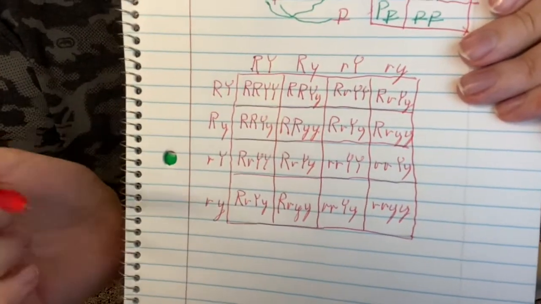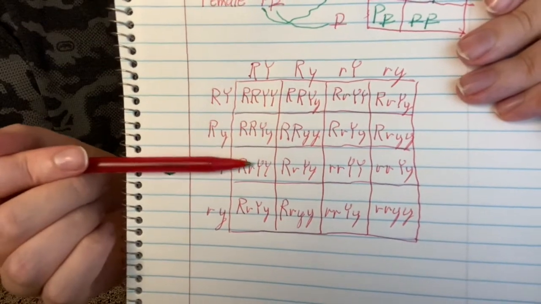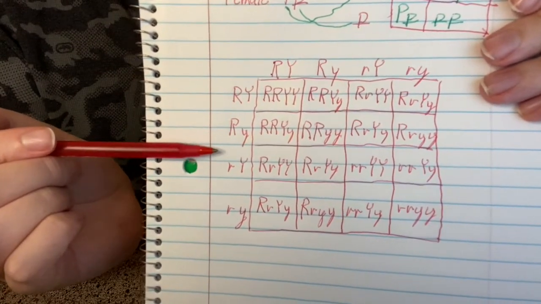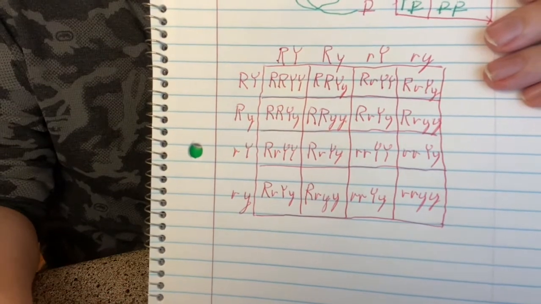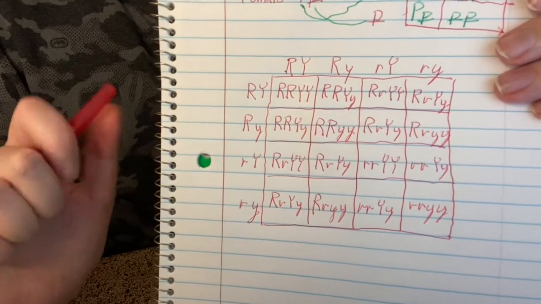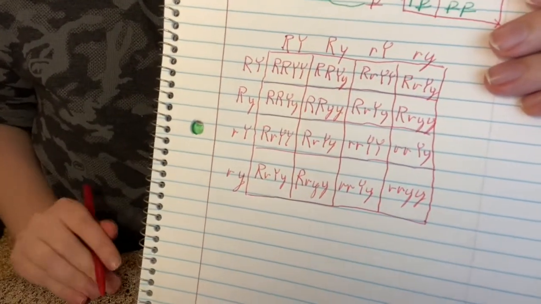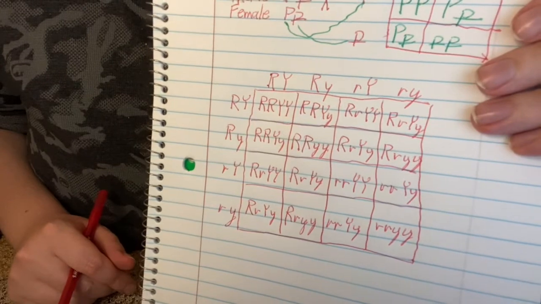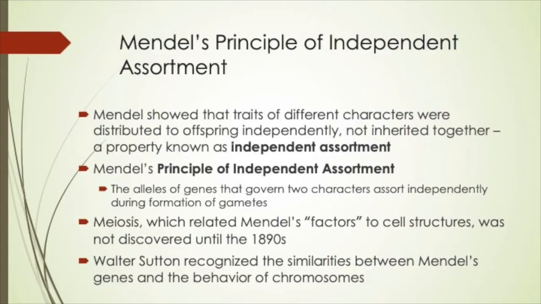And this is actually part of the same solution that Mendel had whenever he was doing a dihybrid cross, because what he thought up is called the principle of independent assortment. Mendel showed that traits of different characters were distributed to offspring independently. They weren't inherited together. This is called independent assortment.